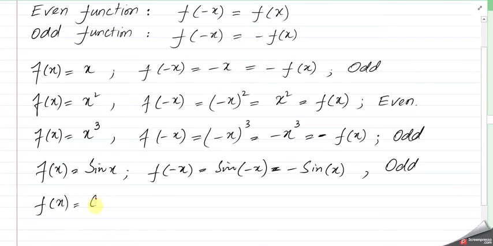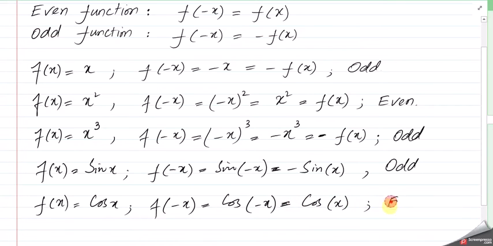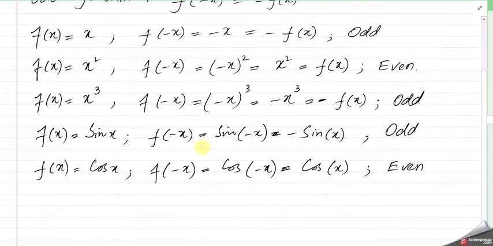If we have cosine x and we replace x with minus x, cosine of minus x, again we know from trigonometry that the minus inside cosine vanishes. You can use your calculator to check the last two. Just put any values for x with minus inside and minus outside, and you will see that these two are equal, and in this case the minus without minus they are equal.